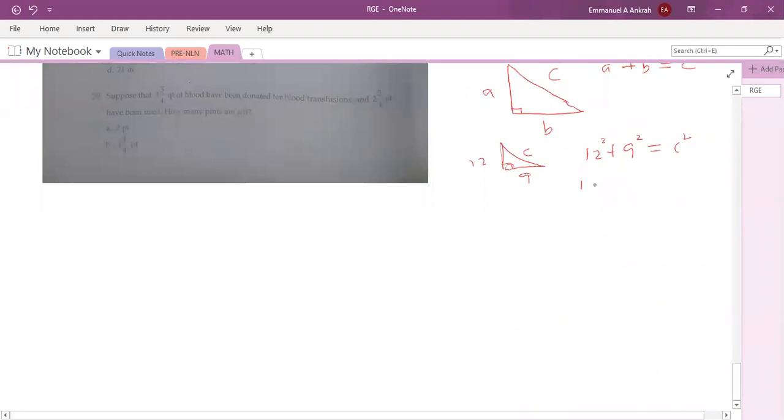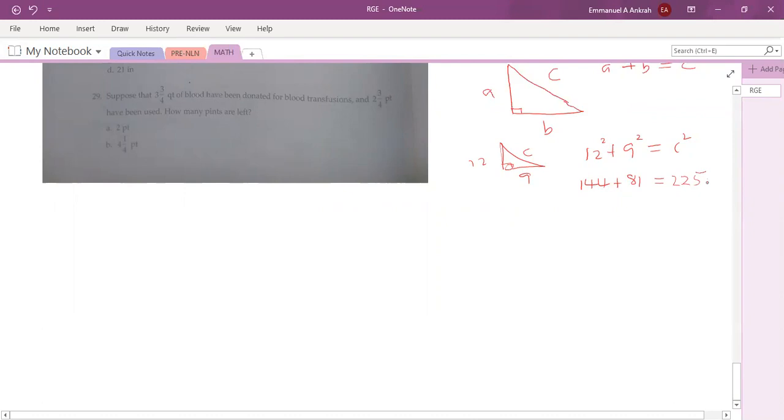Twelve squared is 144, plus 9 squared, which is 81. If you add these, you should get 225.